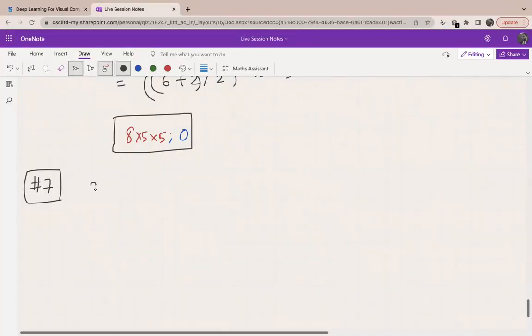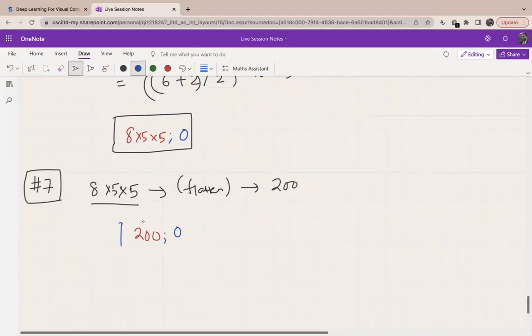So we put 8 cross 5 cross 5 into a flattened layer, and we get 200 outputs. 8 times 25 is 200. Flattening doesn't do anything, so the number of parameters is set to 0.